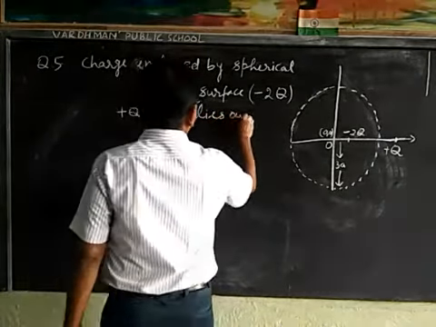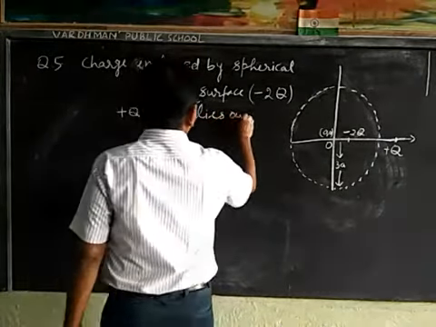Now we will solve numerical number 6. Is it possible that the electric field E at a point is 0 while there is a finite electric potential at that point?